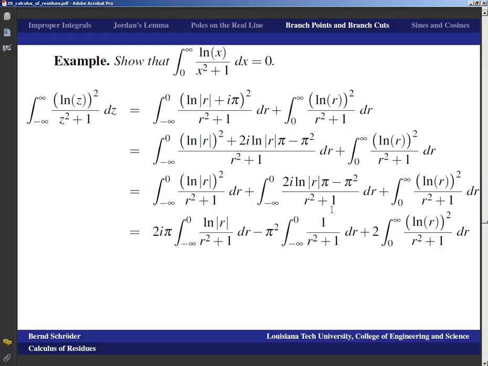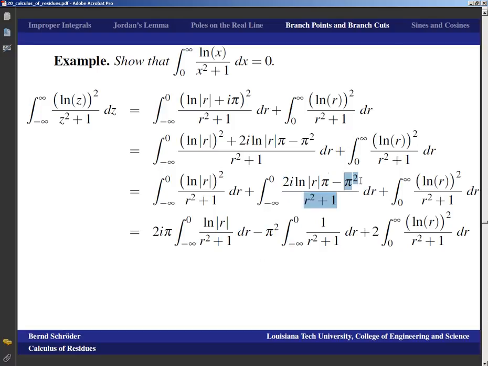If we now take the first one and put it together with the last one, we get 2 times the integral from 0 to infinity of ln r squared divided by r squared plus 1. And we also get the 2iπ, we factor that out, times ln r over r squared plus 1, that's this term here.